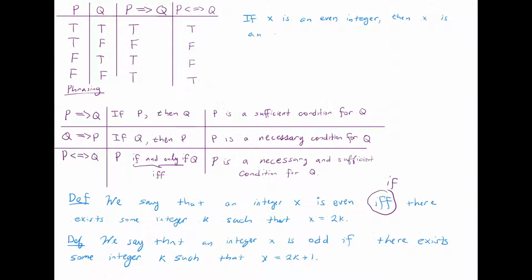So again, this is redundant. We know by assumption that x is in fact an integer. So we have x is an even integer, and we have x is an integer. And so this is a statement of the form P implies Q.